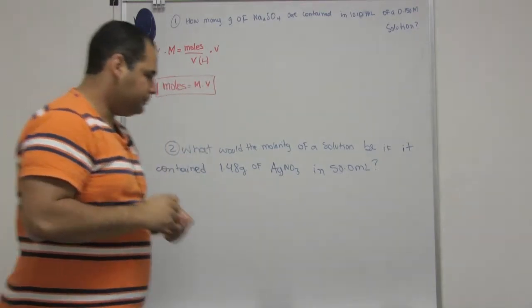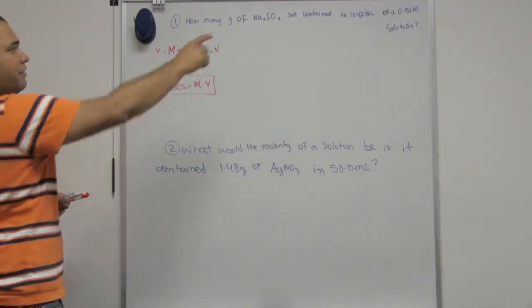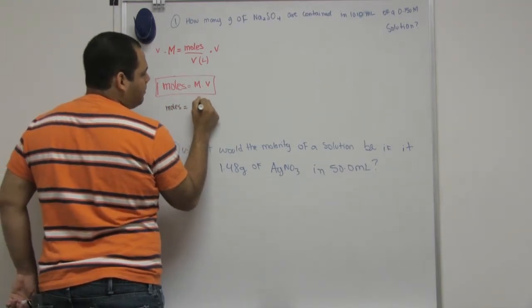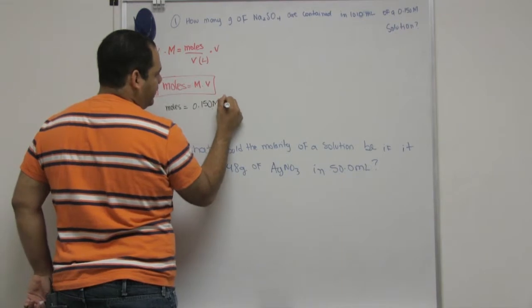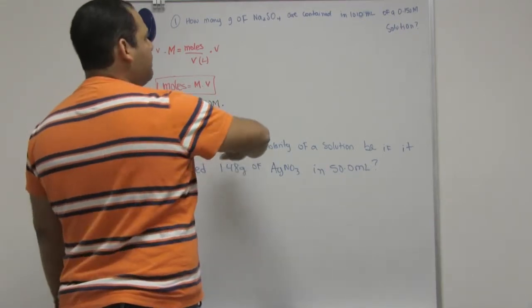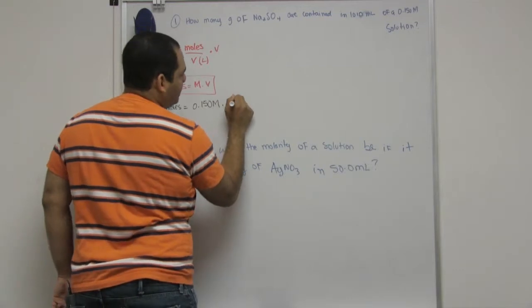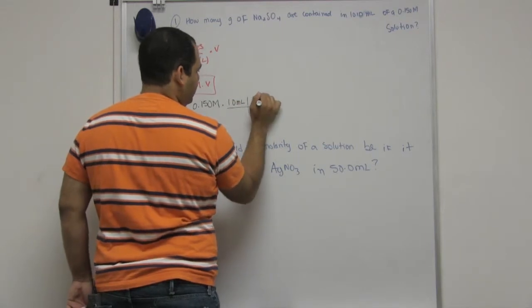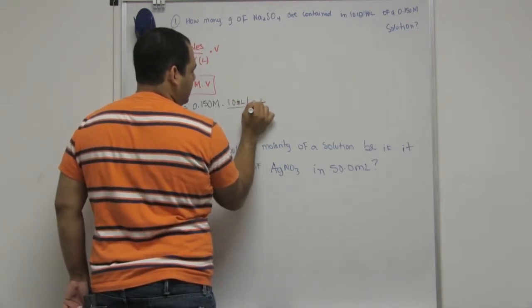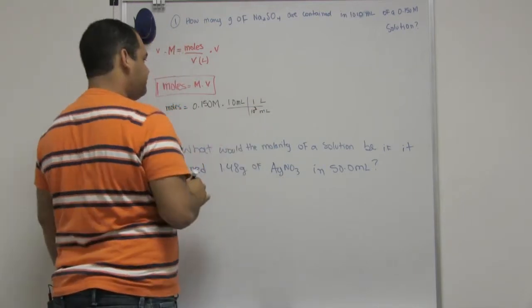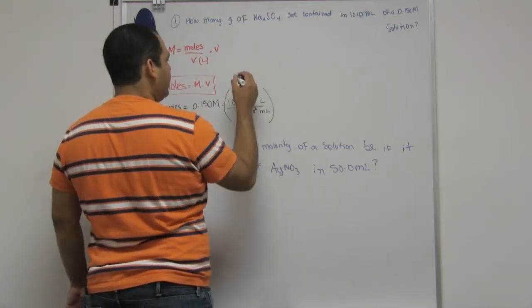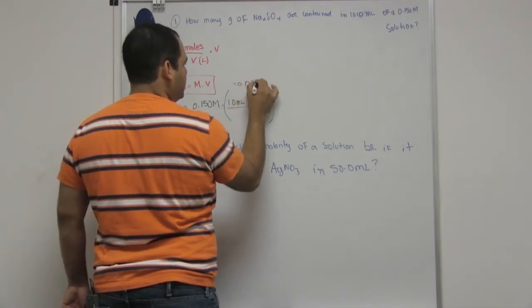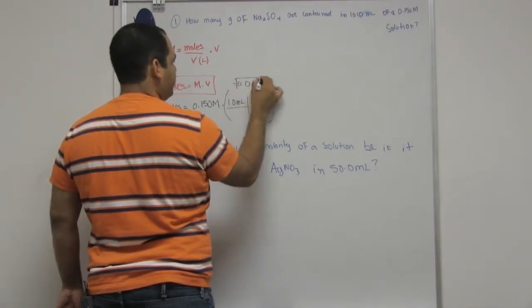Now that I know that, I can plug in my numbers. Moles would be equal to 0.150, my molarity, times my volume. My volume is 10 milliliters, so I need to convert that to liters: 10 divided by 10 to the third, which is 0.010.